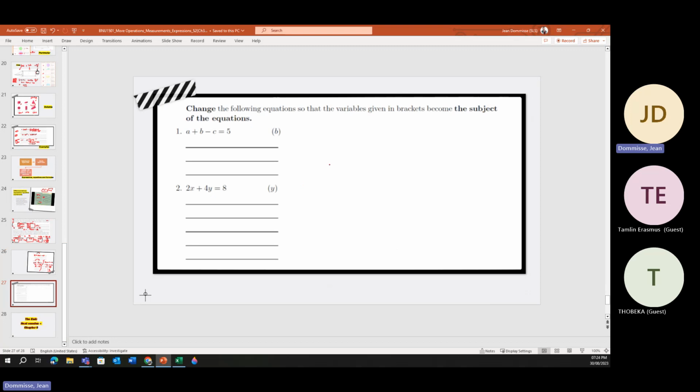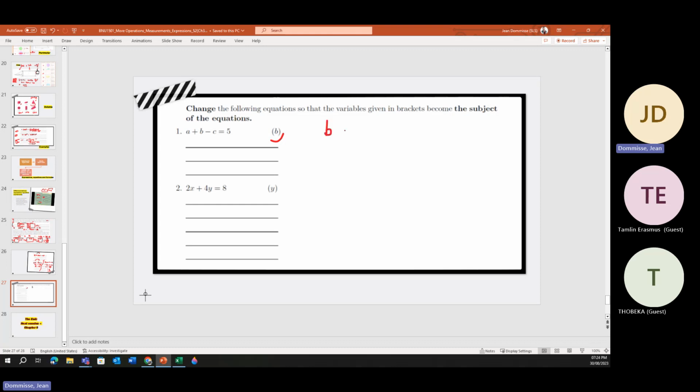Okay, then what they can also ask you is to change the equation, or change the subject of the equation. But they need again to tell you, okay, b is my subject.